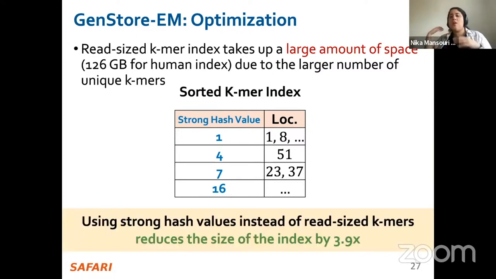So this is still larger than the baseline k-mer index used in conventional read mappers, but our proposal is feasible for in-storage processing due to the large capacity and high internal bandwidth of modern NAND flash-based SSDs, because you can distribute this data nicely across different channels and access it.